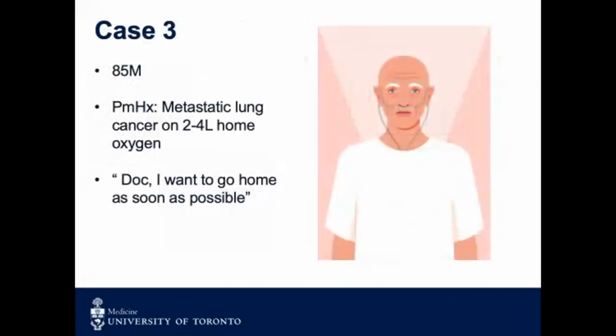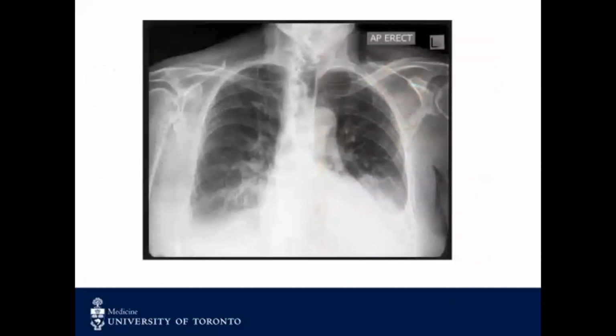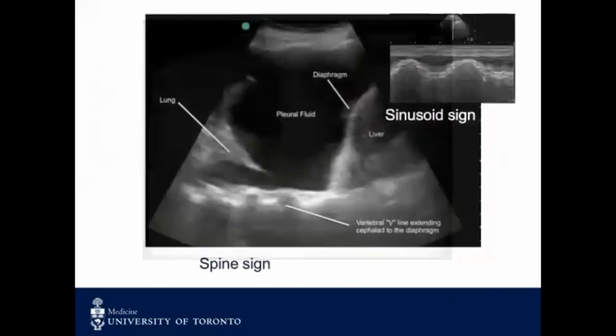This is an 85-year-old man who comes in with metastatic lung cancer. He's on some oxygen and he wants to go home. I think we all know the utility of ultrasound when it comes to procedures. You do a chest x-ray and see costophrenic blunting on both sides, so likely he has pleural effusions, and that points you to do an ultrasound.